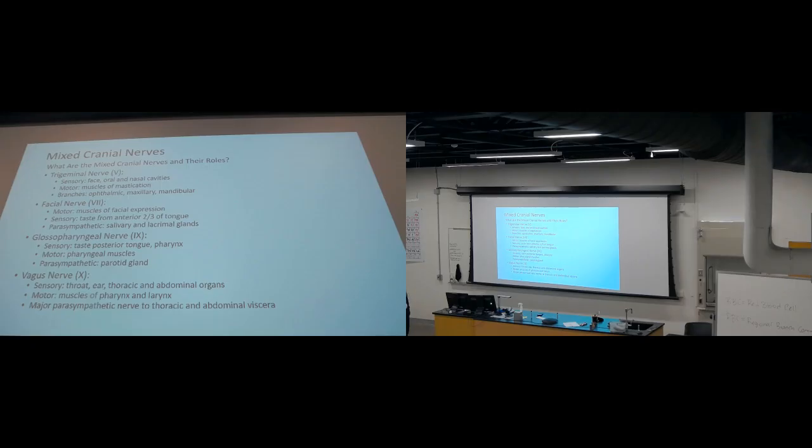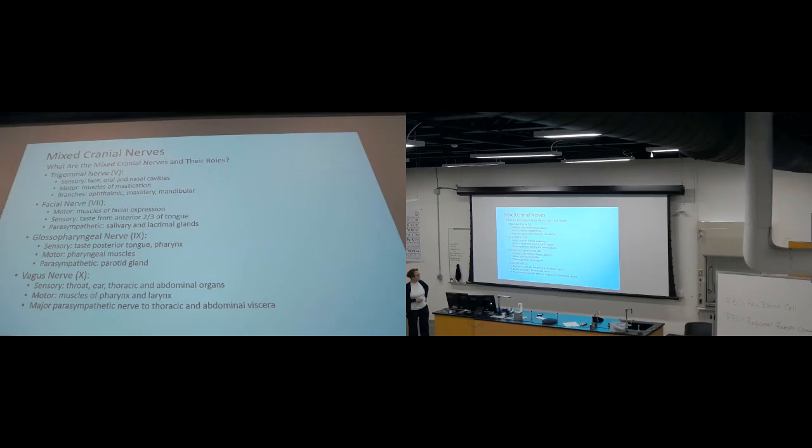Facial nerves contract the muscles of facial expression. The sensation is taste, for the 2 anterior thirds of our tongue. And then parasympathetic activity helps us to produce tears with our lacrimal glands and control the production of saliva in some salivary glands.